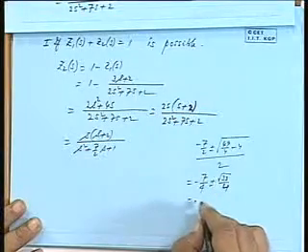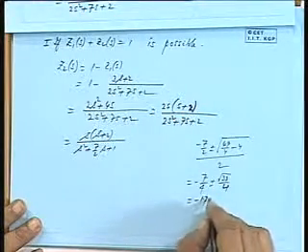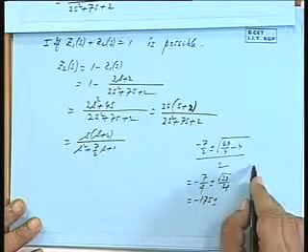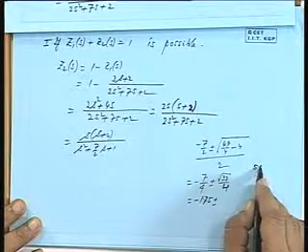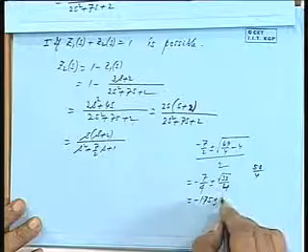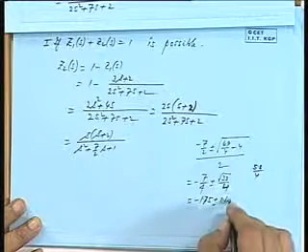So minus 7 by 4 means minus 1.75 plus minus root 33, you can take this to be 5.8, divided by 4, so 1.45.